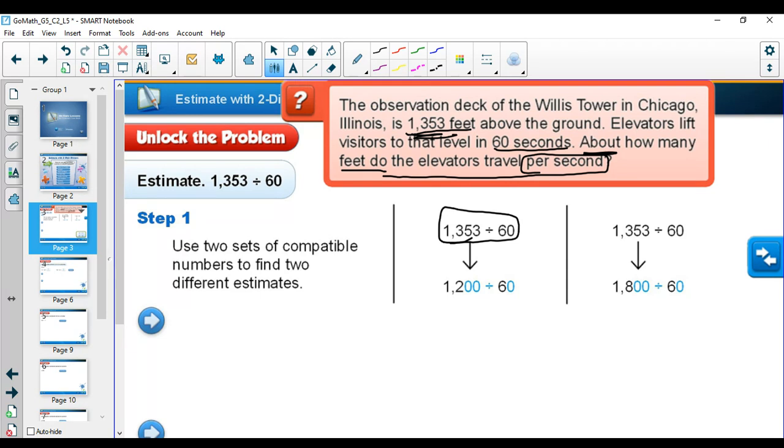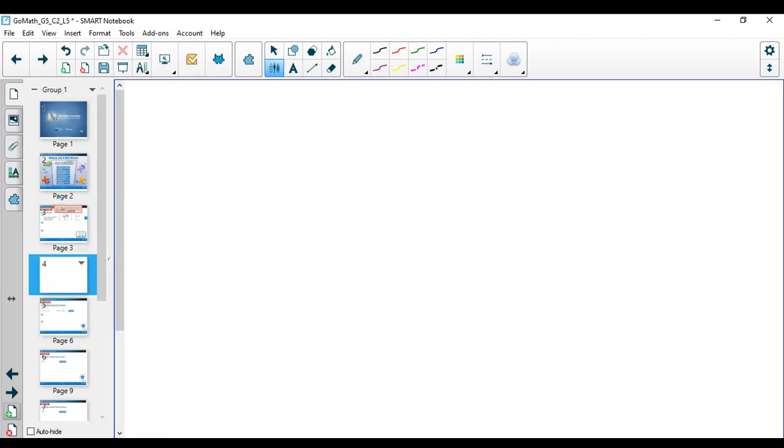So when we look at this, we want to find a compatible number that will work with our divisor of 60. So we have 1,353 divided by 60, right? Now 60 is really nice because 60 already ends in a 0.